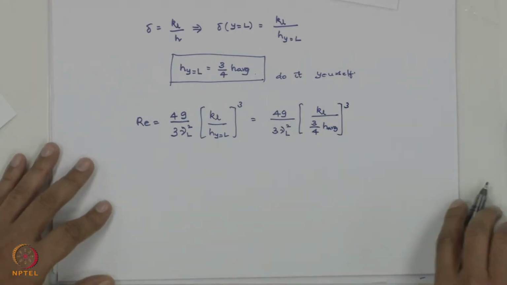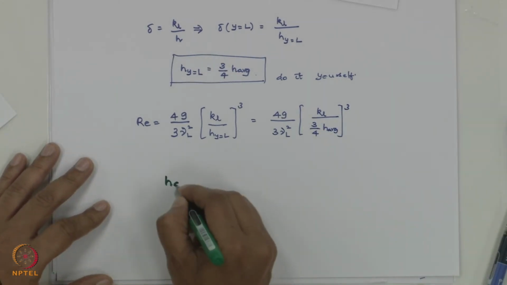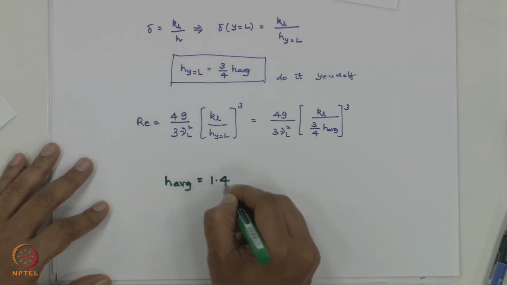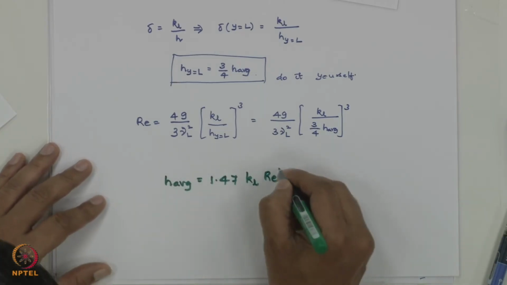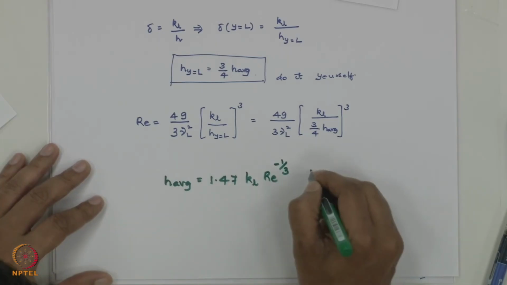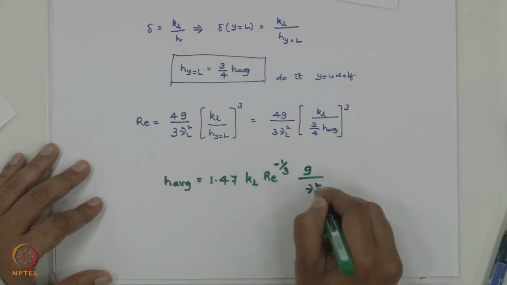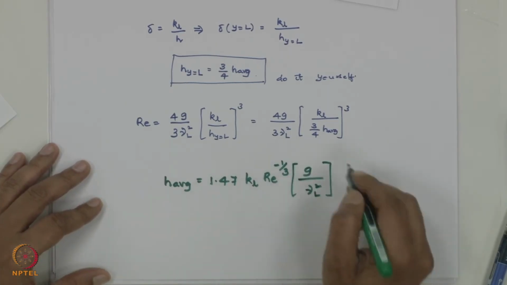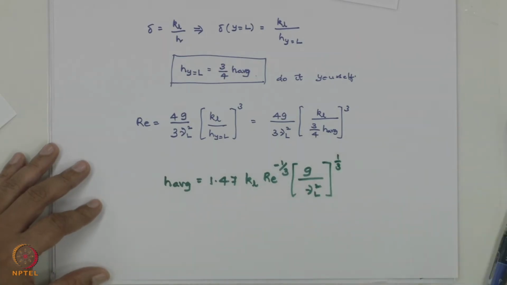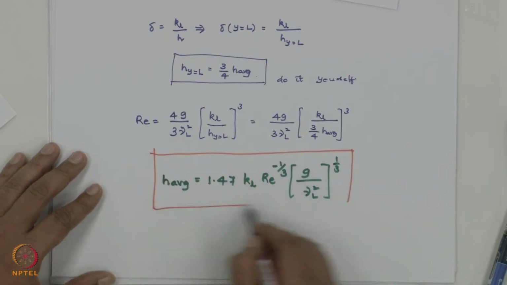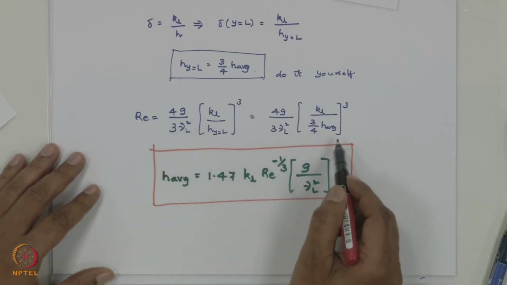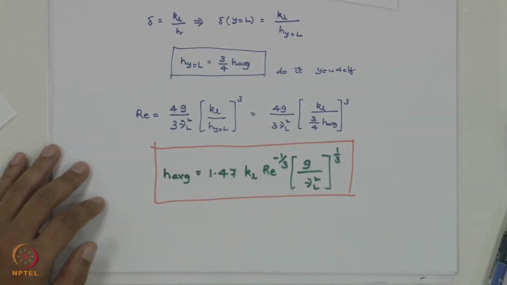So you get h average equal to 1.47 K L Re to the power of minus 1 by 3, g by nu L squared whole to the power of 1 by 3. So that means from the Reynolds number you can calculate h average, or you can calculate the Reynolds number based on the h average. So this is how you can calculate for the flat plate.